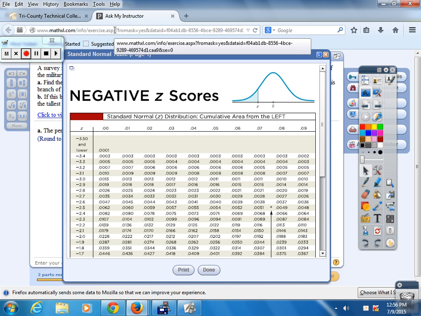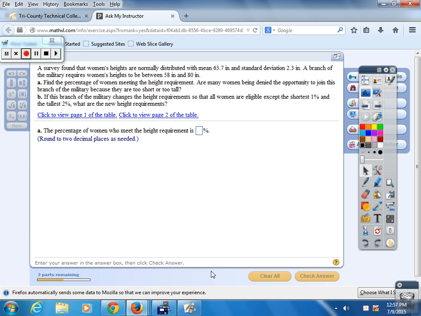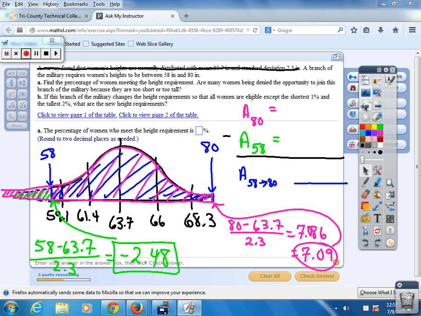Negative 2.4, 0, 1, 2, 3, 4, 5, 6, 7, 8. 0.0066, is that what y'all got? So that goes here. 0.0066 is our green area.